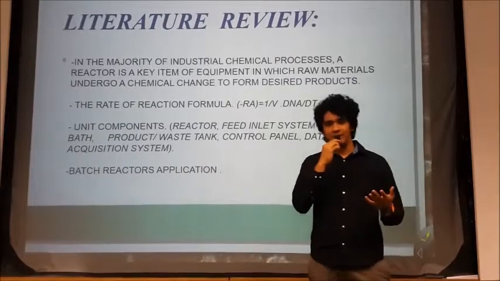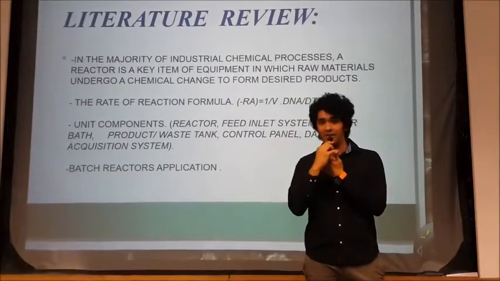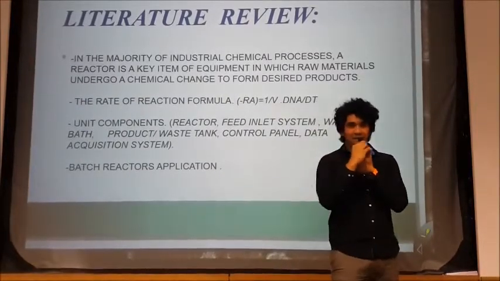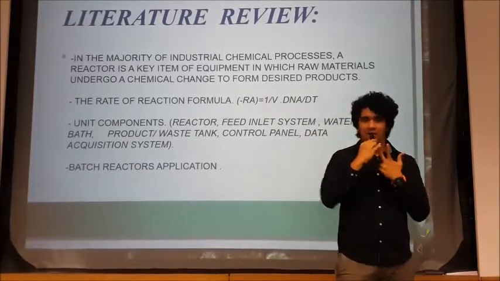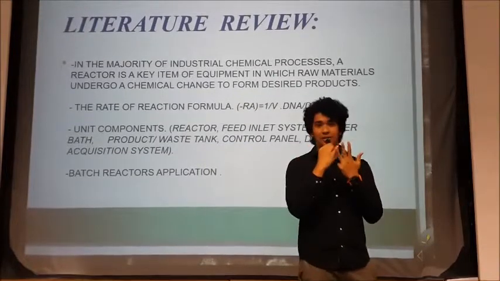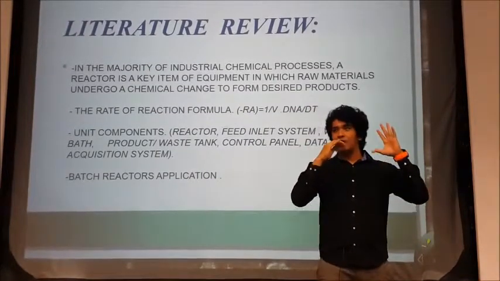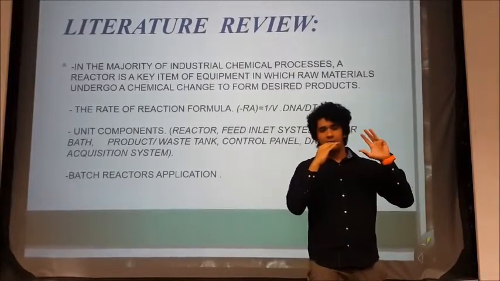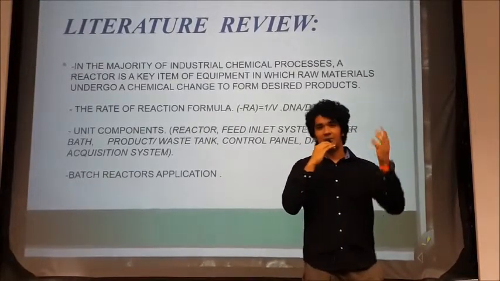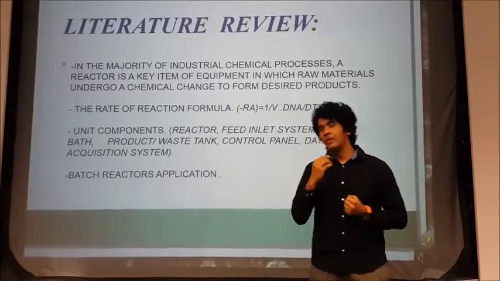There are many types of reactors. What we came across was the CSTR, the continuous stirred tank reactor, the PFR, the plug flow reactor, the PBR, and of course the batch reactor. Specifically, our project was about the batch reactor, the stirred tank batch reactor. That means there was a stirrer in our batch tank.